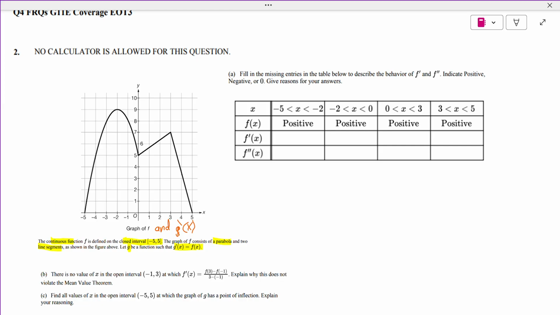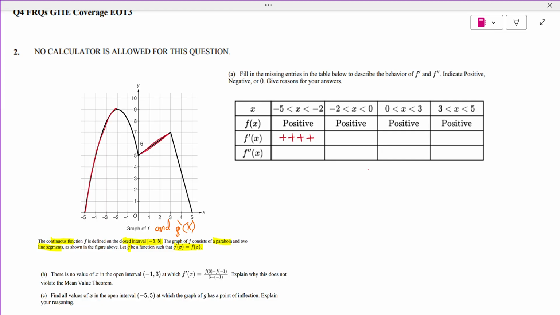We need to find f prime of x. What's the sign? Or is it 0 for -5 to 2? So as we discussed in the previous question, from -5 to -2, f is increasing. So if f is increasing, its derivative is positive. And we can see that from 0 to 3 it's also increasing, right?